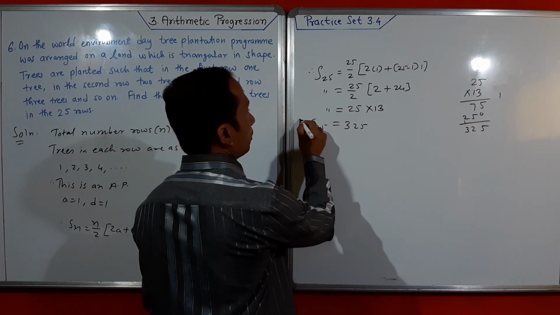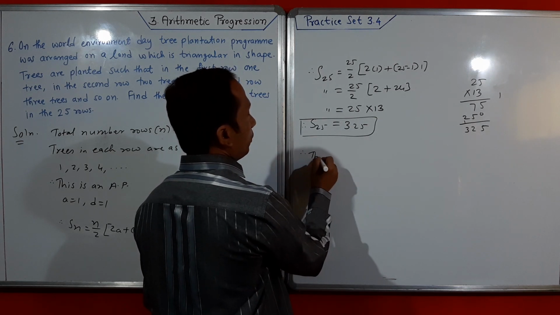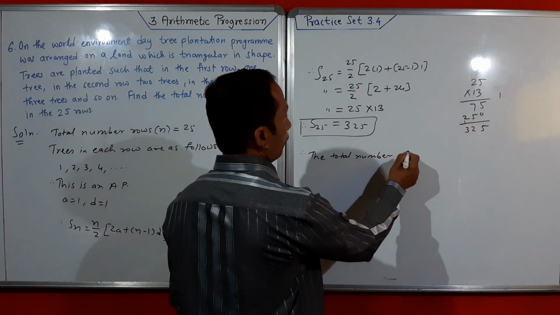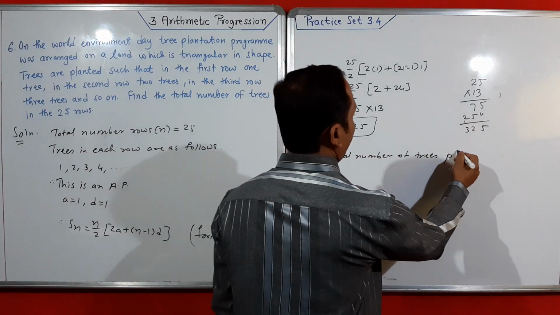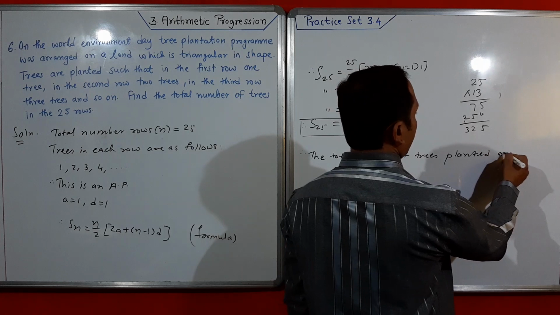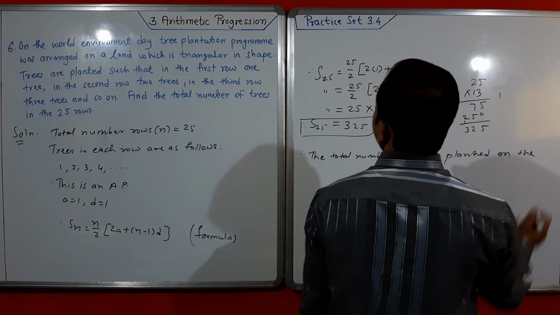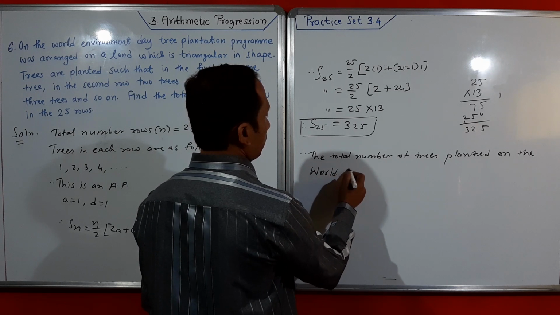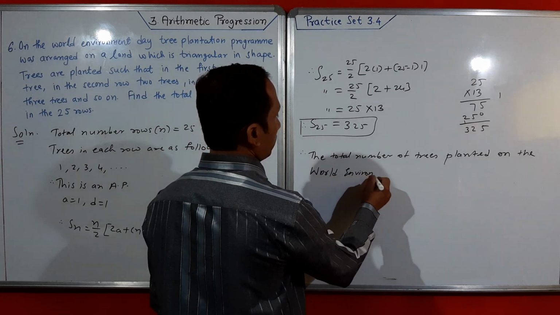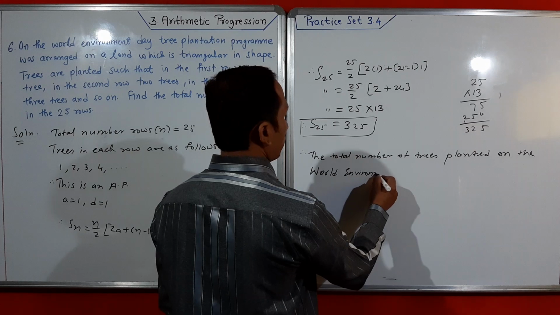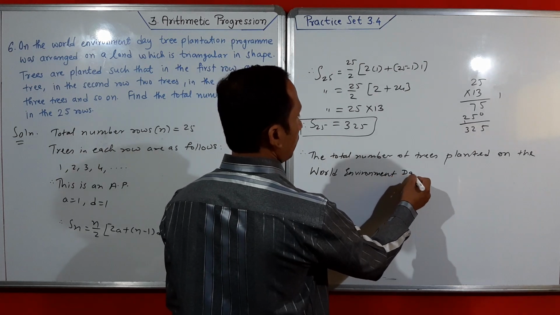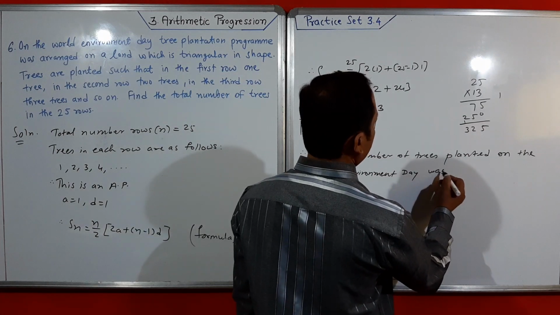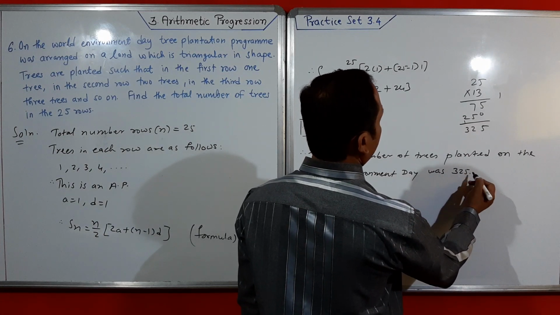Therefore, the total number of trees planted on the World Environment Day was 325. This is your solution.